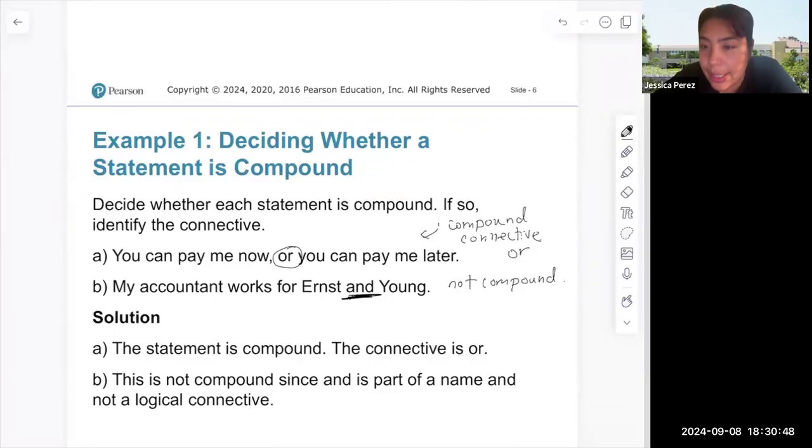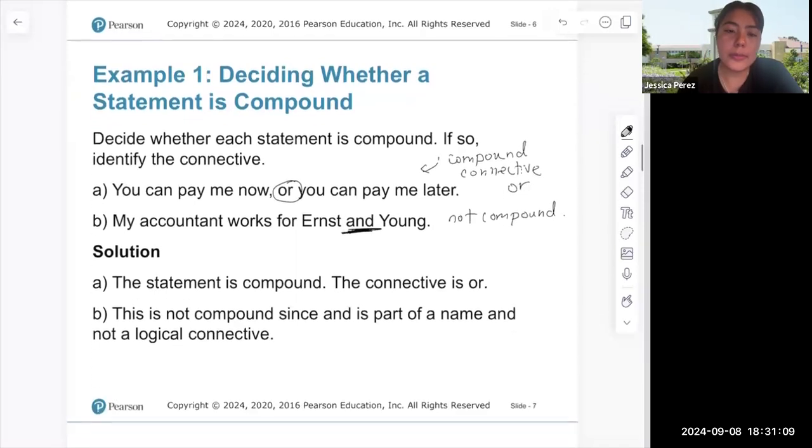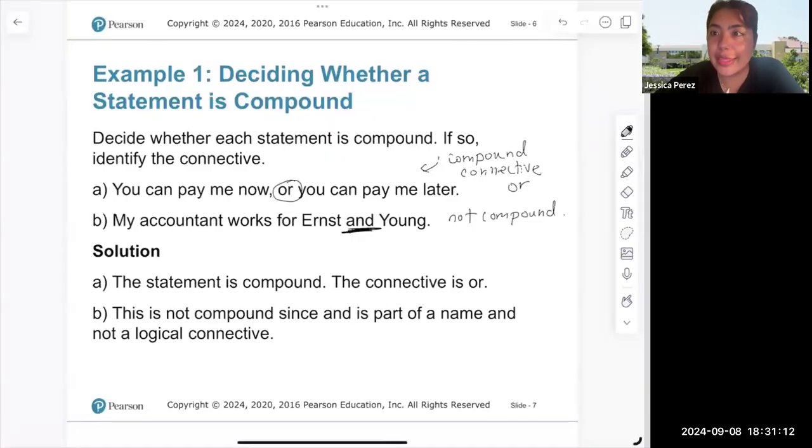So letter B is not a compound statement. Part A is, because your connective is an or and you're splitting up a logical thing. You can pay me now or you can pay me later. That is something that has logical meaning. Okay, so hopefully we have this down.